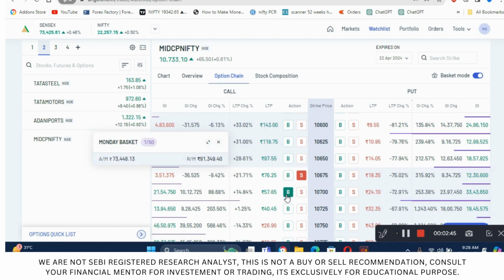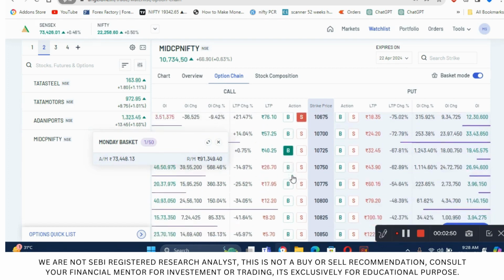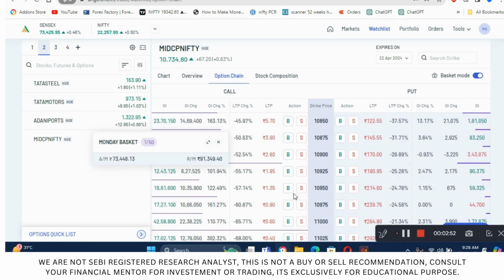Then I should buy the option that is far OTM. I'm going down, and this is the far OTM. Now I will buy this, and you see this 91,000 required margin will go down. Now it becomes 38,000. This is called hedging, friends. This is nothing but hedging. I am just showing it to you.